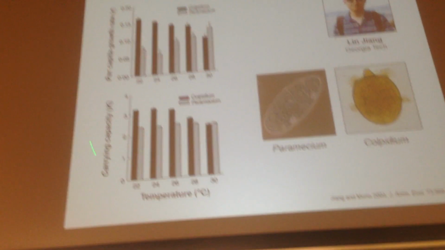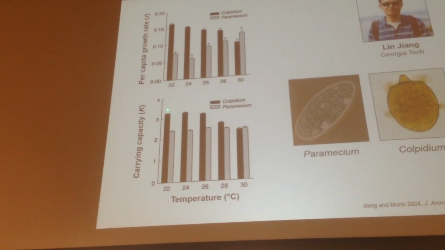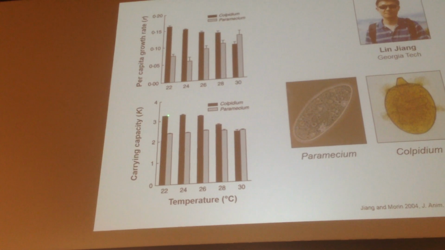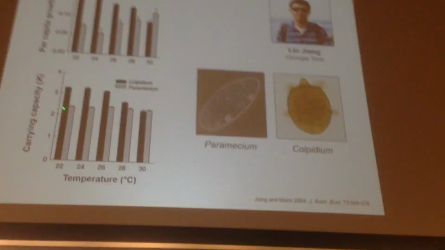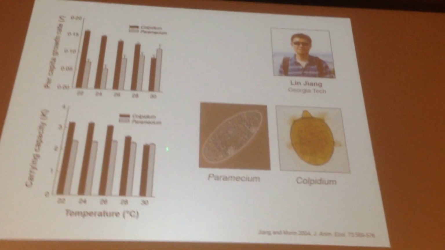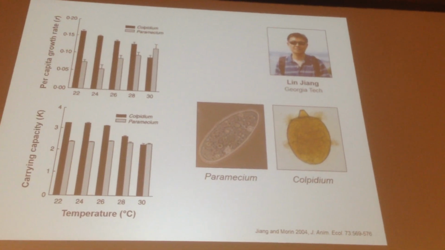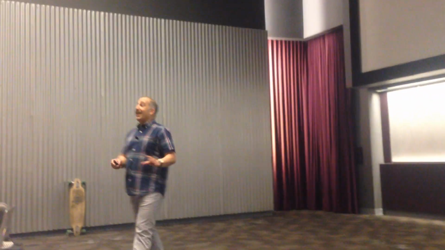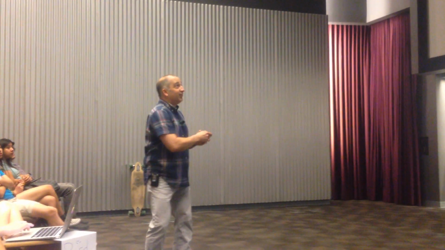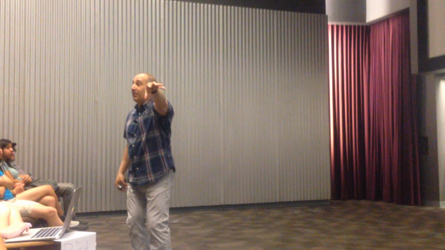If you look at the carrying capacity, you can see that one species has a higher carrying capacity at low temperature and it decreases, whereas the other species, I would describe that as relatively flat, right? So one species really depends on temperature, the other one doesn't. Now, you just told me one slide ago, whether you got the reasoning right or not, that I shouldn't care about this. So let's just forget this, right? It's measured. You need it for the model to make predictions.